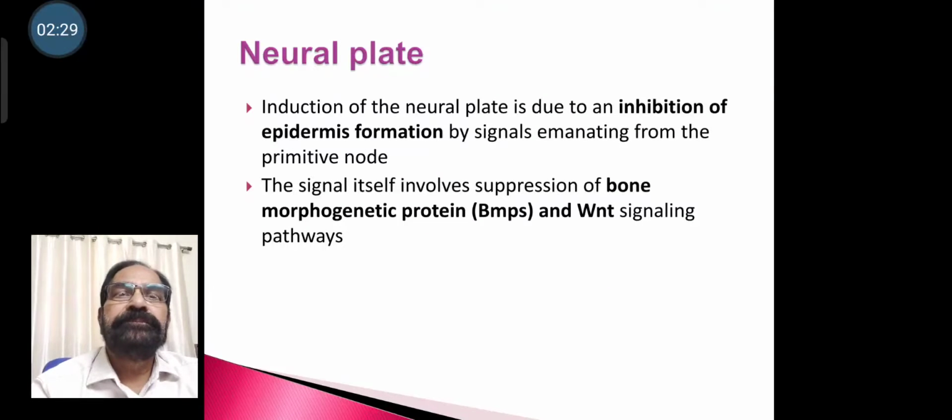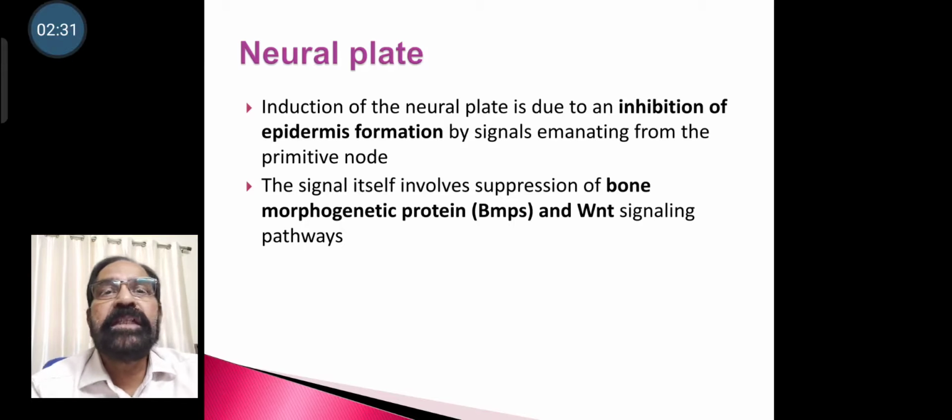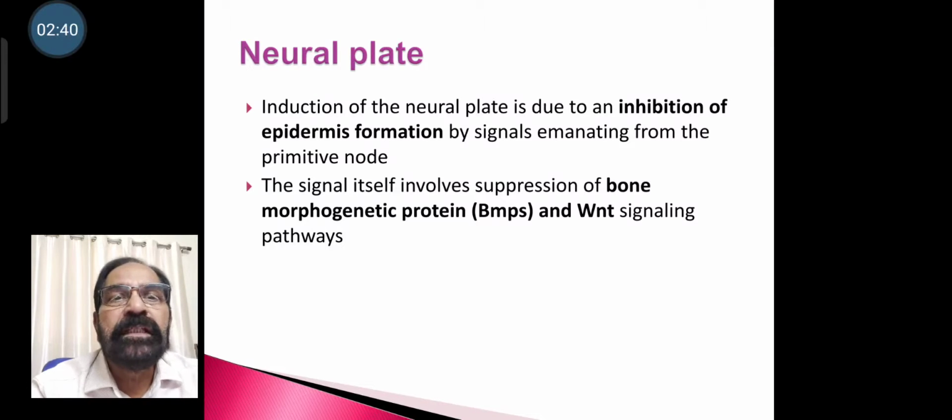Induction of the neural plate is due to inhibition of epidermis formation by signals emanating from the primitive node. The signal itself involves suppression of bone morphogenetic protein and WNT signaling pathways.